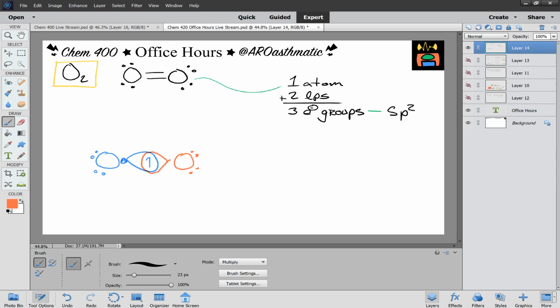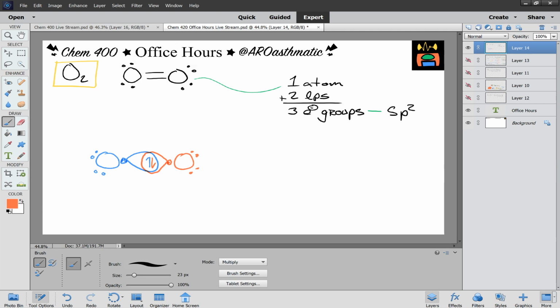We overlap our sp2 hybrid orbitals together so that the electron from each is sitting essentially in both orbitals all at once. The salmon colored electron and the blue electron are both inside the blue orbital, and the blue electron and salmon electron are both inside the salmon colored orbital. So this is our sigma bond.